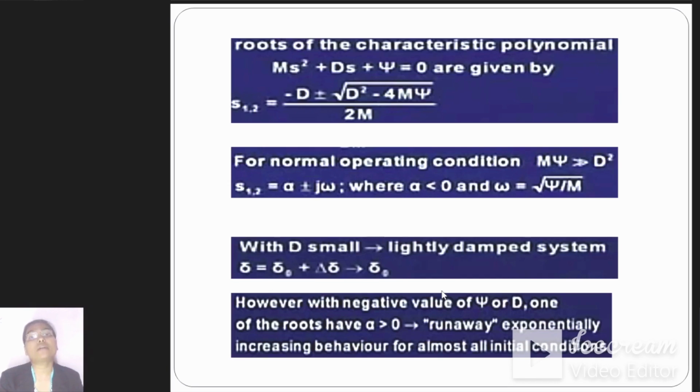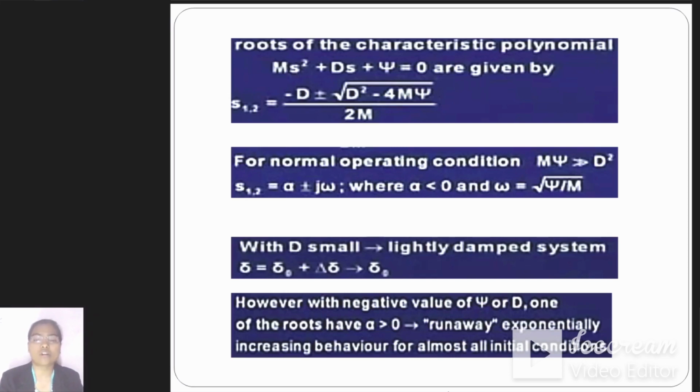But when α becomes positive, when it moves towards the right hand side of the graph, we call it a runaway condition, where your oscillations keep building in the system, and at some particular point the synchronous alternator falls out of synchronism, or loses synchronism.